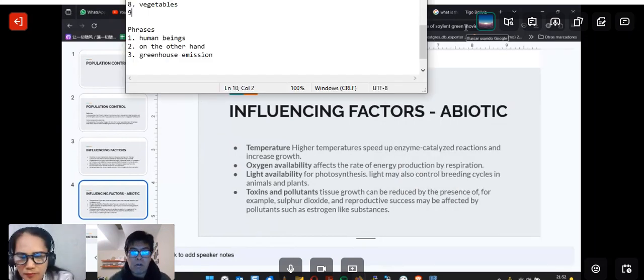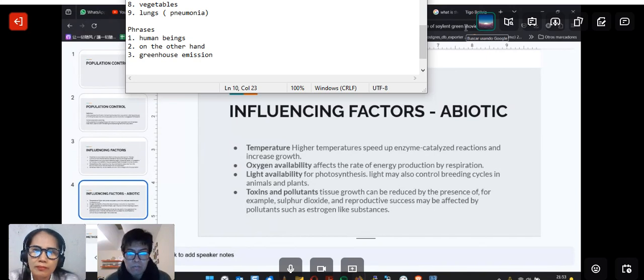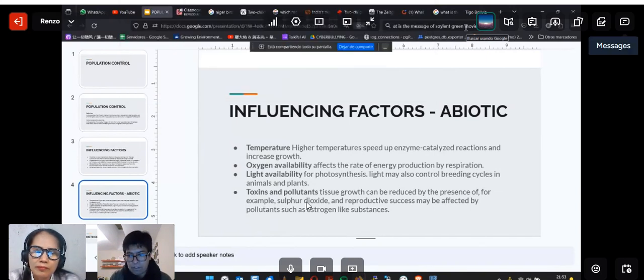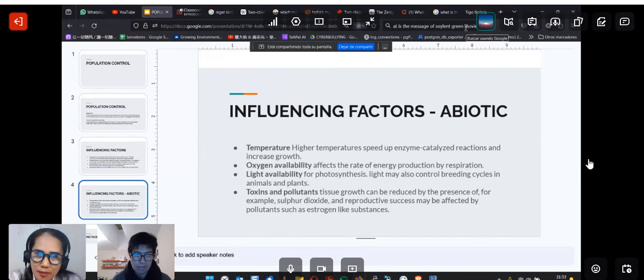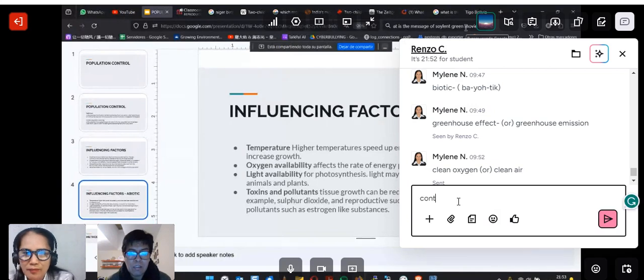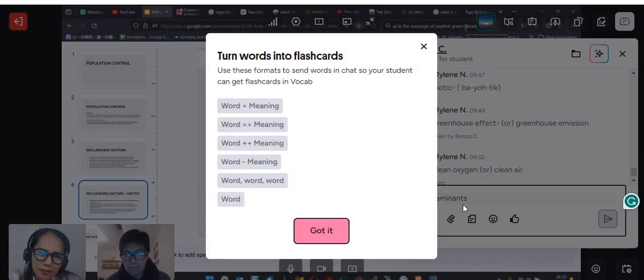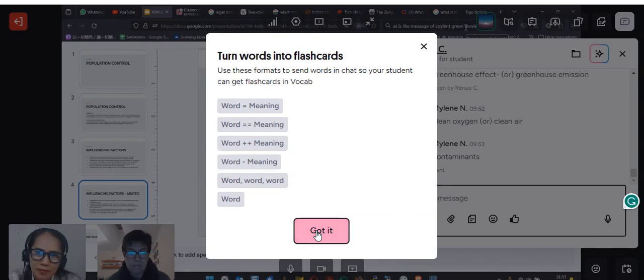Most people now suffer from illnesses related to the lungs, because the air that we are breathing has a lot of particles, contaminants, and it has an effect on people's quality of life.